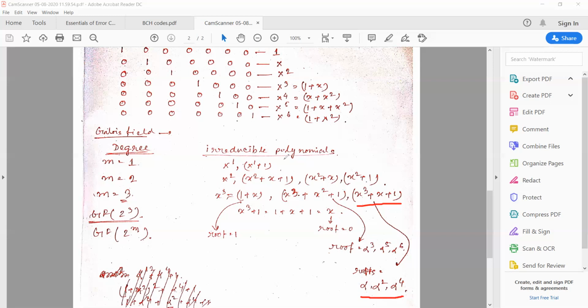If I consider our generator polynomial as 1 plus x, our root will be only 1. If I consider our generator polynomial as x cube plus 1, our root will be 0.